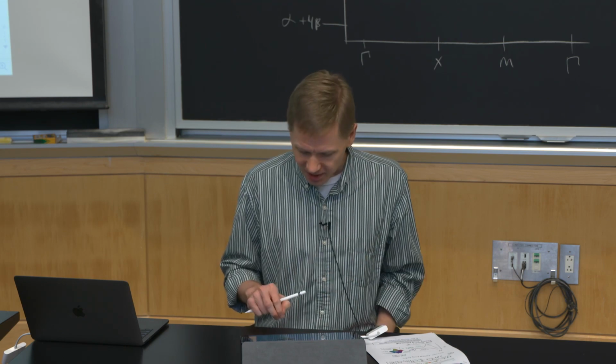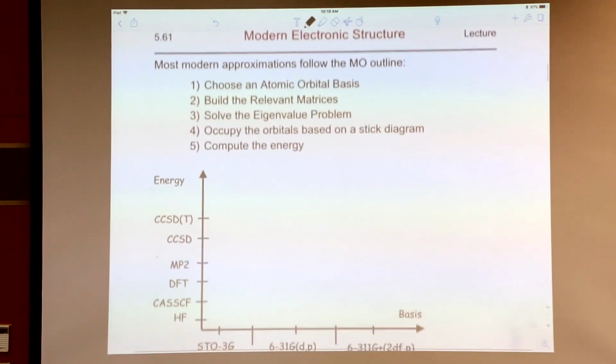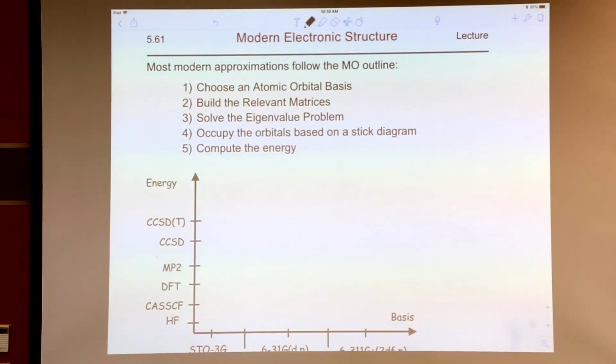All right. So we'll move on then. There's actually an outline of how different modern electronic structure methods make approximations. And these follow the same kinds of steps that you would use in a molecular orbital calculation.